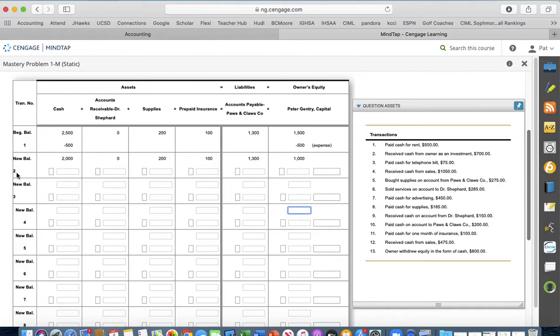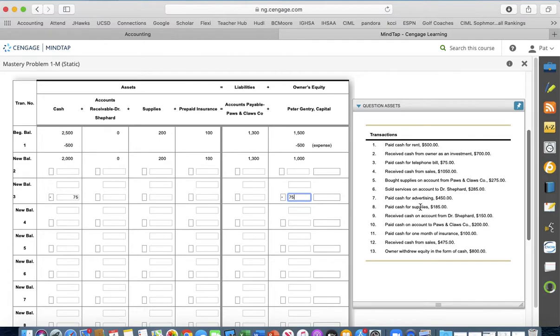Line 2, line 3, line 4 goes with each corresponding transaction. So line 3, paid cash for telephone, you paid $75, subtract cash. You know what I mean? This side of the equation has a minus 75. This side has a minus 75.